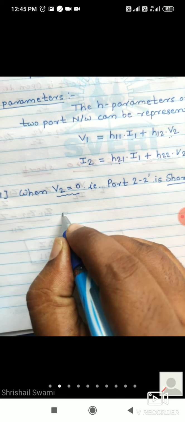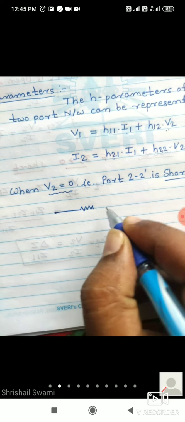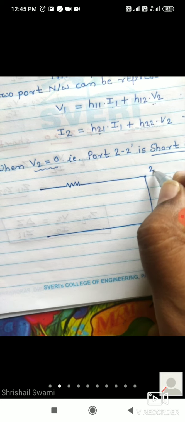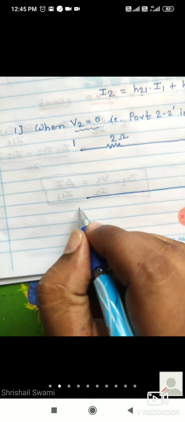So I will draw the circuit according to the new condition, that is V2 equal to 0. So this will be 2 dash, this will be 2 ohm, this will be 1 dash.